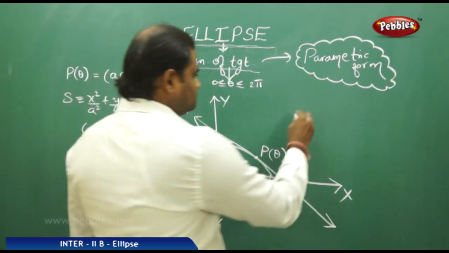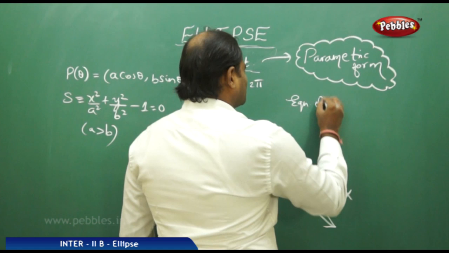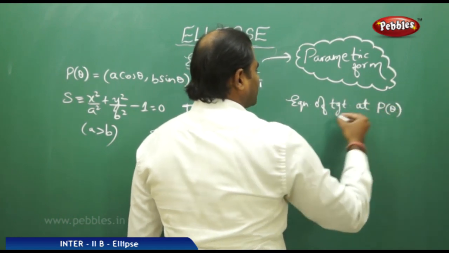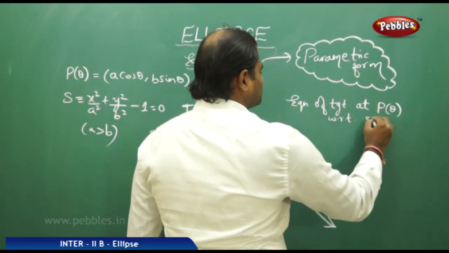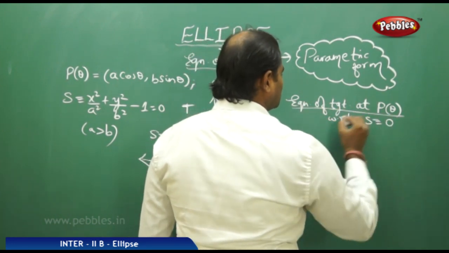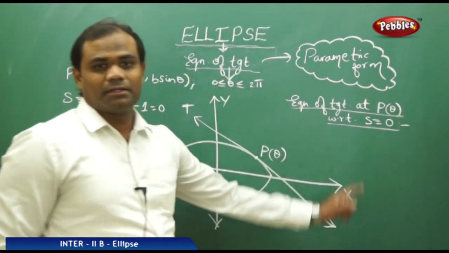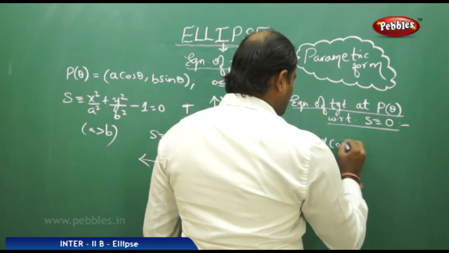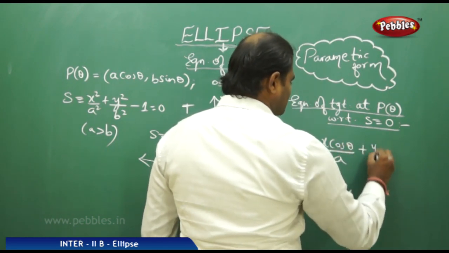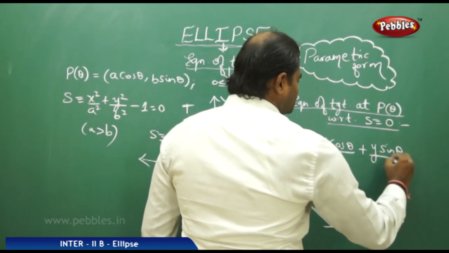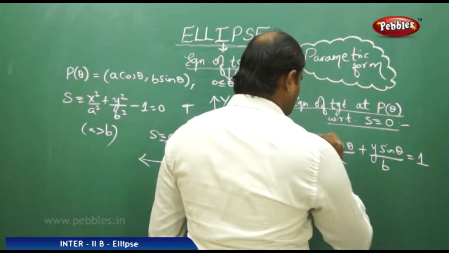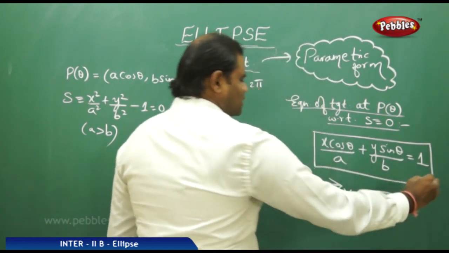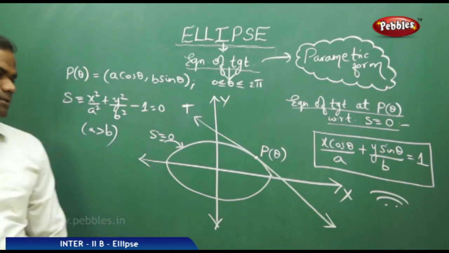So therefore, the equation of the tangent at the parametric point with respect to the ellipse S equal to 0 is simply given by x cos theta by a plus y sin theta by b equals 1, is how I conclude the equation of the tangent.